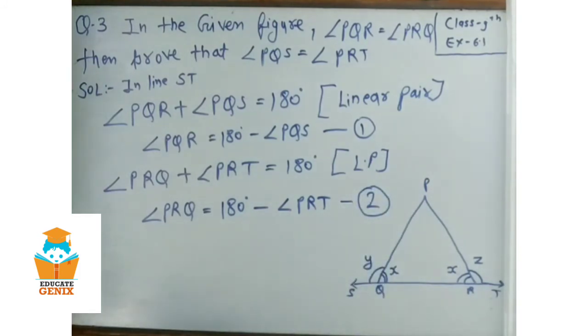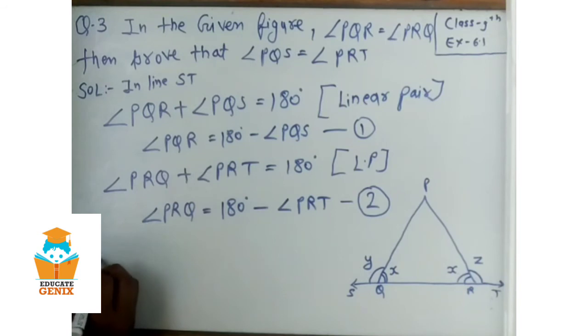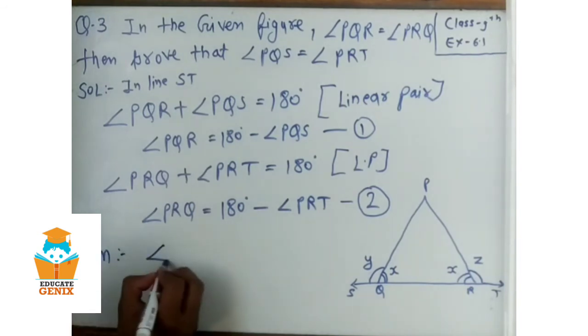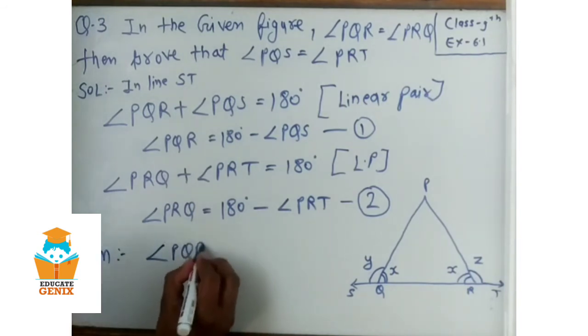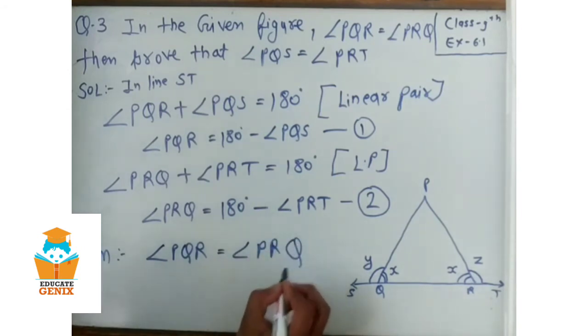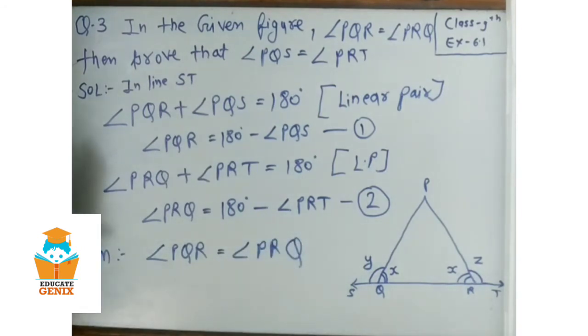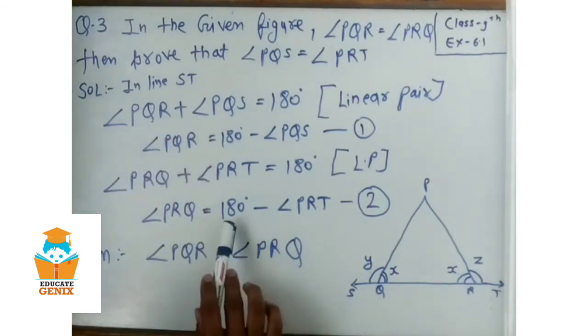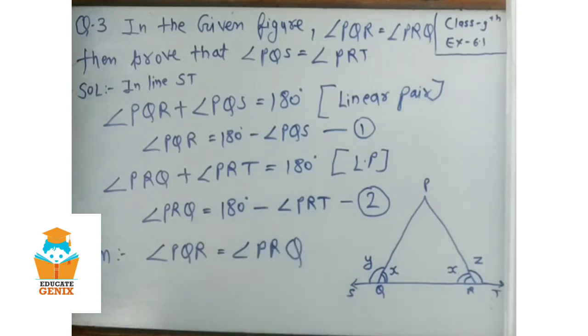As already given in the figure, angle PQR equals angle PRQ. So we can write, given, angle PQR equals angle PRQ. As you can see in equations first and second, angle PQR is 180 degrees minus angle PQS, and PRQ is 180 degrees minus angle PRT.